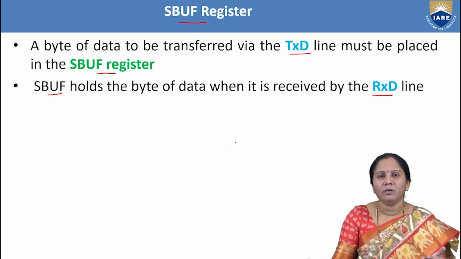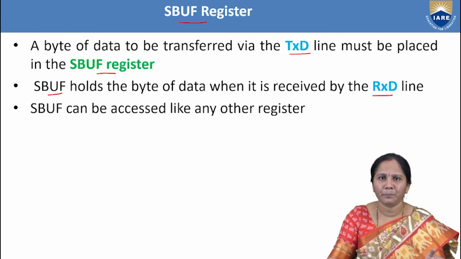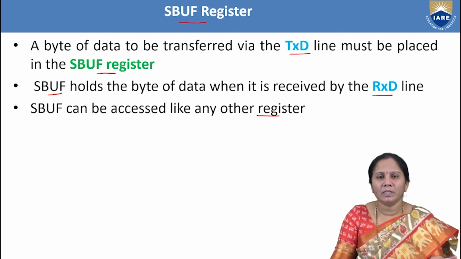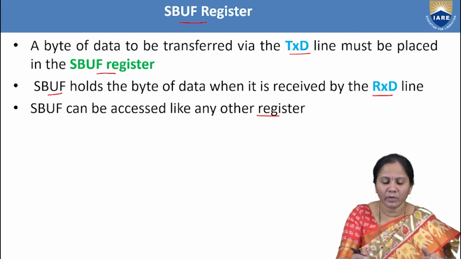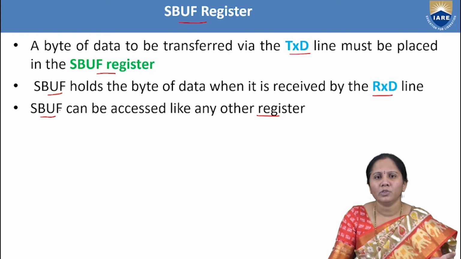While the data is received by the receiver, it will first be kept in the SBUF register present at the receiver end. Just like the general purpose registers A and B, we can use the SBUF register on the transmitter and receiver side to store data temporarily.